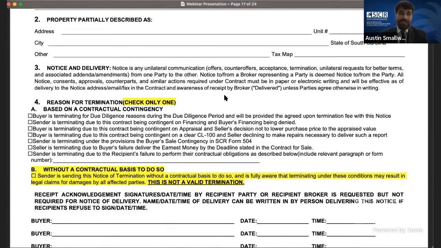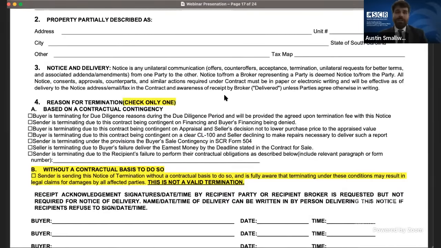Next one is the sender is terminating under provisions of the buyer sale contingency in Form 504. If you have a buyer sale contingency in Form 504, there's a number of ways in which one of the parties can terminate, so you would be terminating under that basis. Next one, seller is terminating due to the buyer's failure to deliver the earnest money by the deadline stated in the contract of sale.